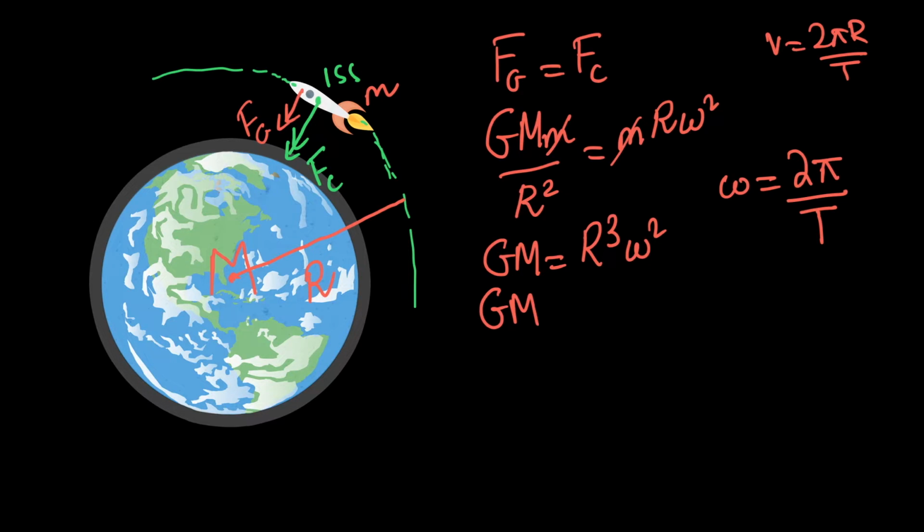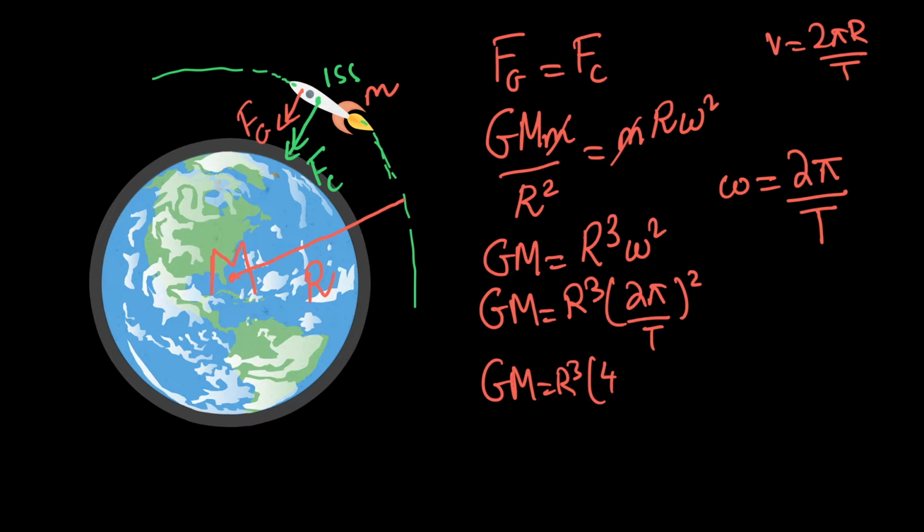So GM is equal to r cube into, in place of omega put 2 pi over capital T, put a square over there, 2 pi over T, and now let's open it. So you end up getting GM is equal to r cube into 4 pi square over T square, and let's just cross multiply.